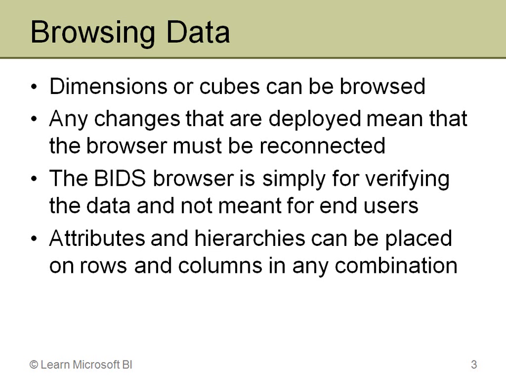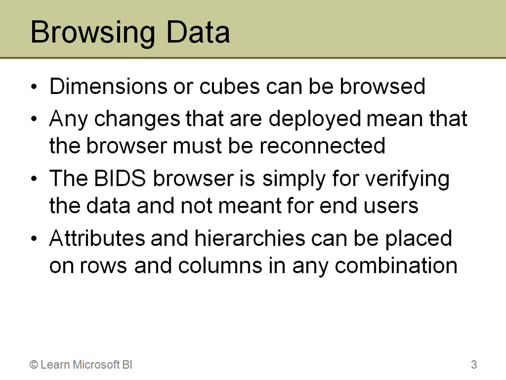Once you have processed the cube, or sometimes just a dimension, you can go and look at the data, and that's just called browsing. There is a built-in browser both for dimensions and the cube itself. You can simply drag over attributes and look at those. You can, of course, add any measures that you want when you're browsing the cube, and you can drag over hierarchies and expand and collapse those. You can build your own on-the-fly hierarchies just using attributes.